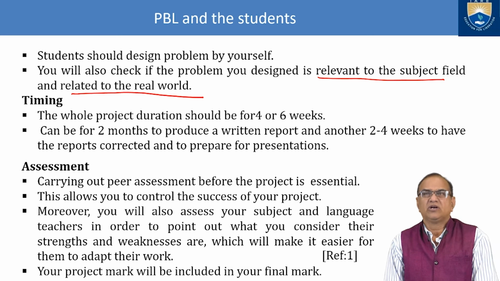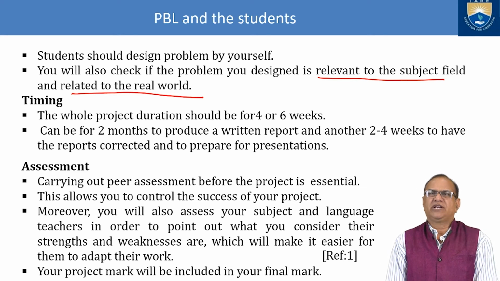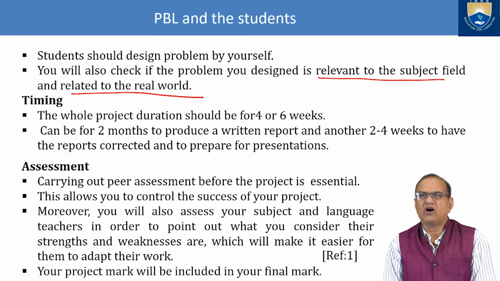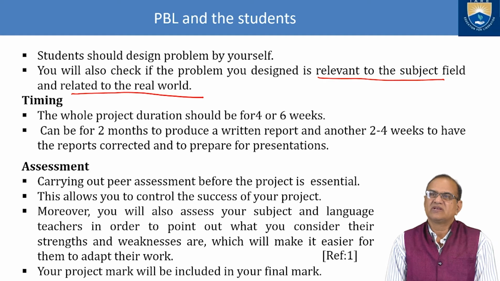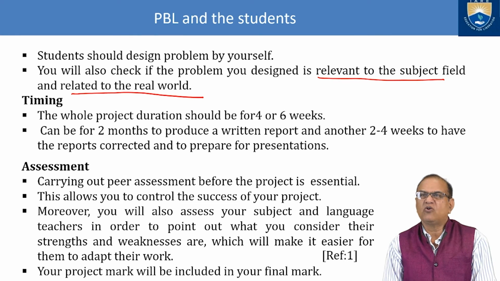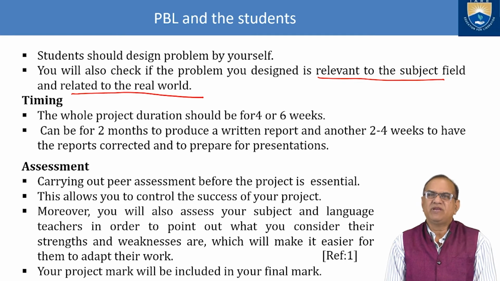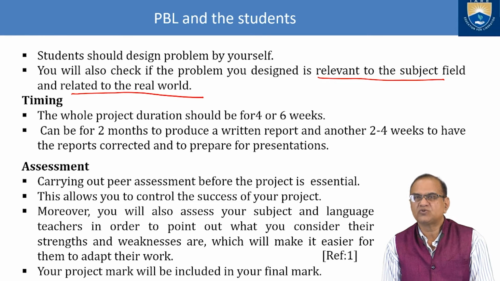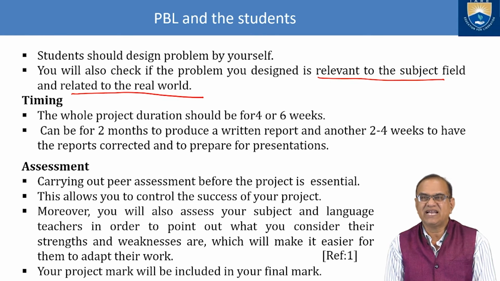Timing: the whole project duration should be 4 or 6 weeks. Your project should not go very long, maybe 1 to 1.5 months. It can be 2 months to produce a written report and another 2 to 4 weeks to have the reports corrected and to prepare for the presentation.